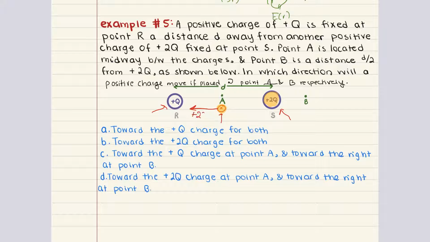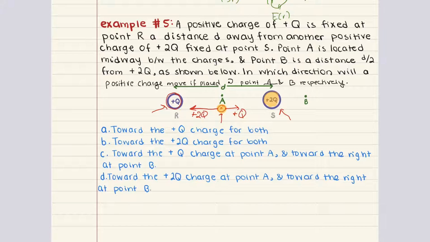So we're going to note that. Now, it will also experience a force from this plus Q charge. That force will be to the right, away from that plus Q charge. Now, point A, we said, is midway between plus Q and plus 2Q.